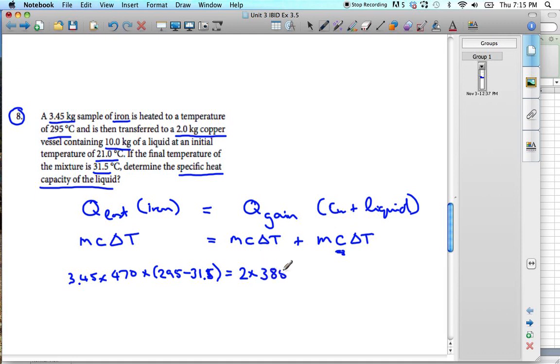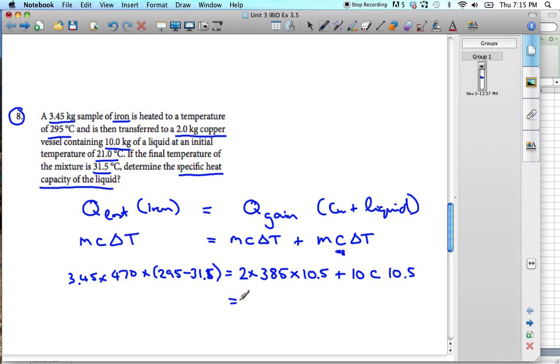I've just looked up those values in the textbook. You're not expected to memorize these values. Times the change in temperature, and that is 10.5, plus the mass of the liquid, which is 10 kilograms, times c, which we're trying to find, times the change in temperature, which is also 10.5.